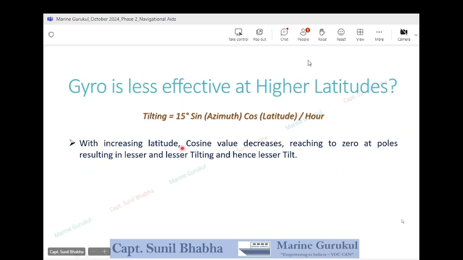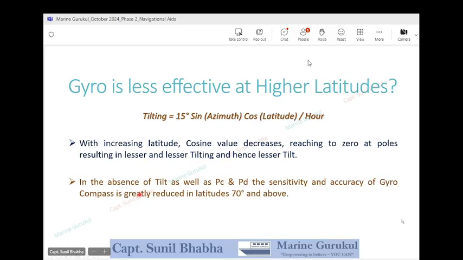So with increasing latitude, cosine value decreases, reaching 0 at poles, resulting in lesser and lesser tilting and hence lesser tilt. In the absence of tilt, as well as absence of PC and PD, the sensitivity and accuracy of the gyro compass is greatly reduced in latitude 70 degrees and above.